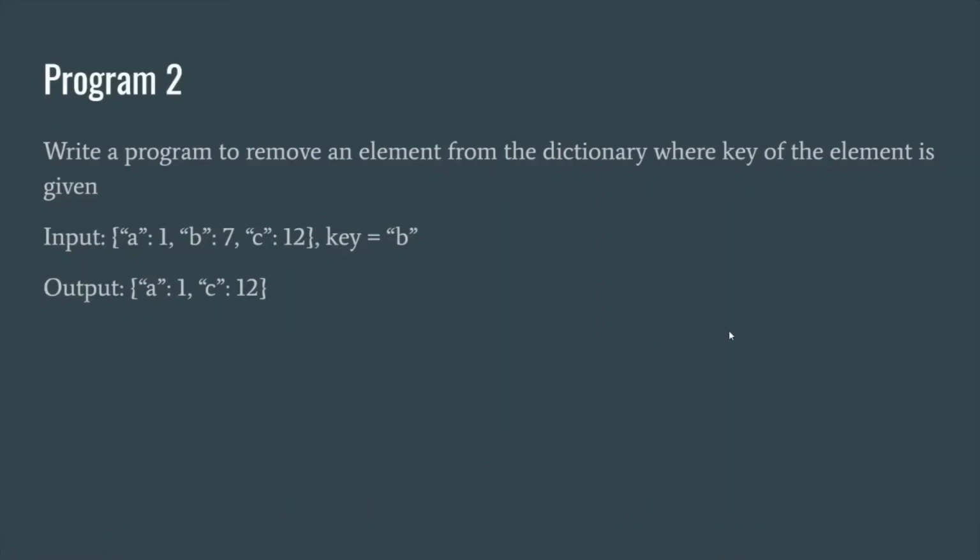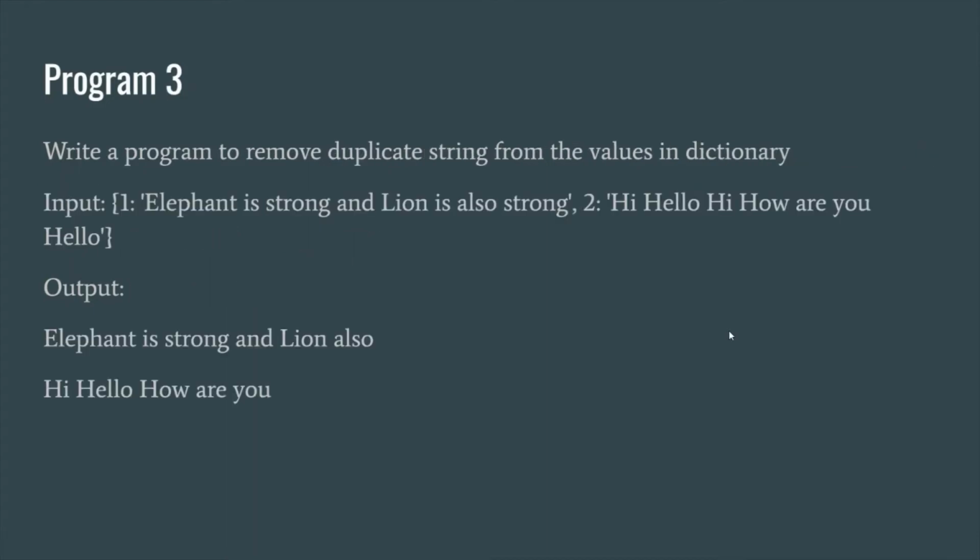So now let's see program number 3. Here we want to remove the duplicate string elements from the values in the dictionary. For example, in this dictionary, there are 2 keys and 2 values. In a particular value, for example, elephant is strong and lion is also strong, we want to remove the duplicate substring.